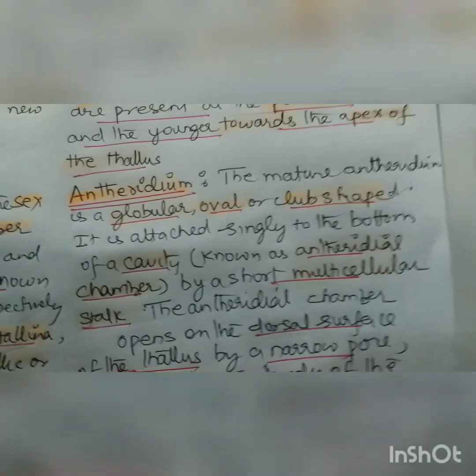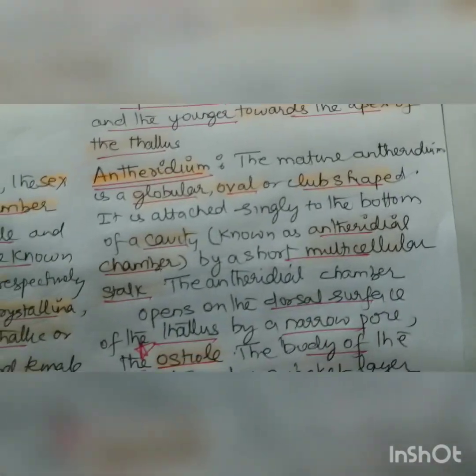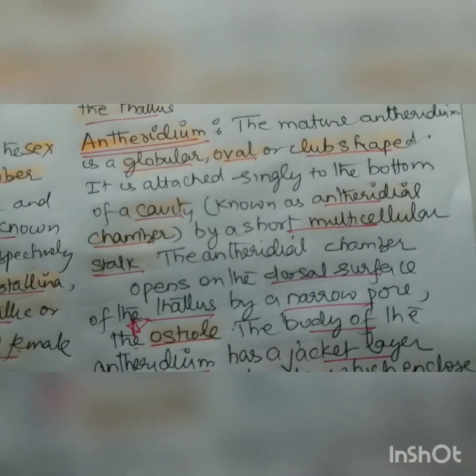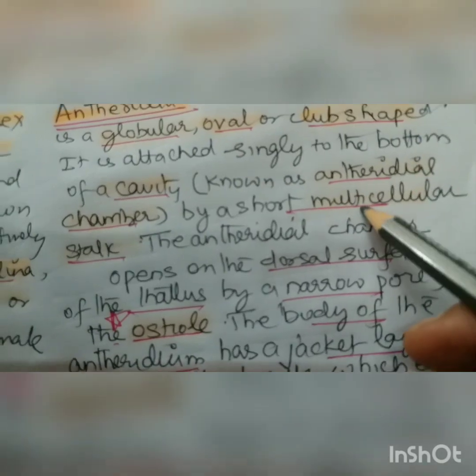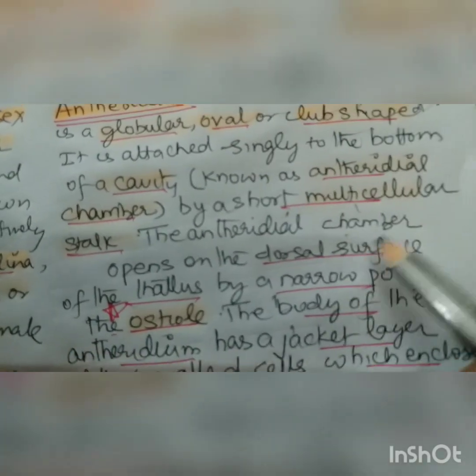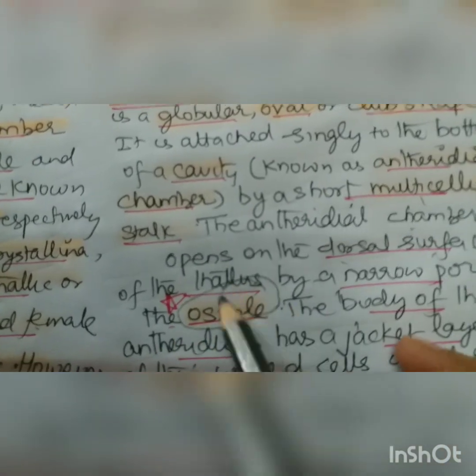The mature antheridium is globular, oval or club shaped, and it is attached singly to the bottom of a cavity known as the antheridial chamber by a short multicellular stalk. The antheridial chambers open on the dorsal surface of the thallus by means of an ostiole. This is very important.